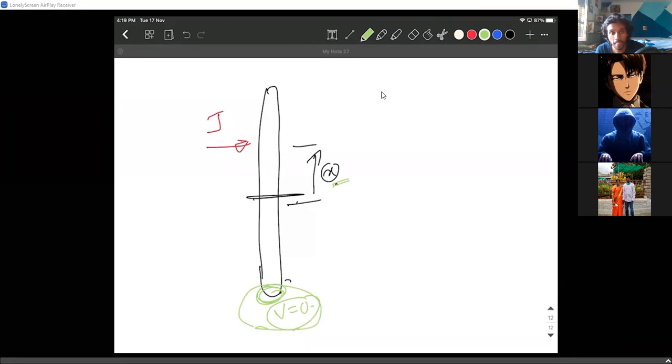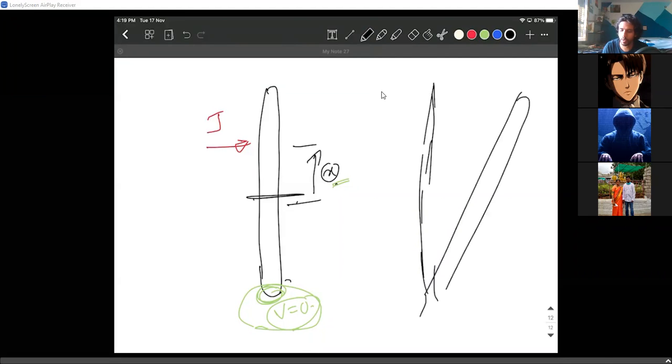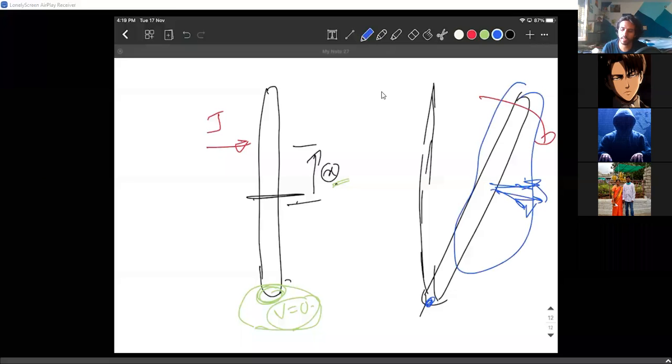Once it actually happens, let me show what it looks like. This is the original condition, and the body simply rotates like this. The center of mass definitely has some velocity, and r omega is also there. You will get different velocities for all the particles except for this particle at the end.